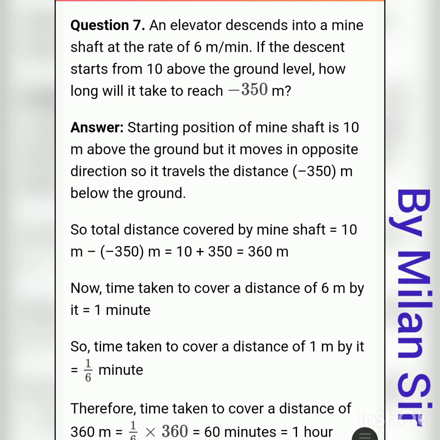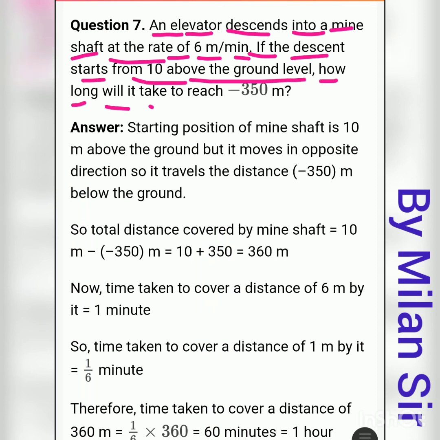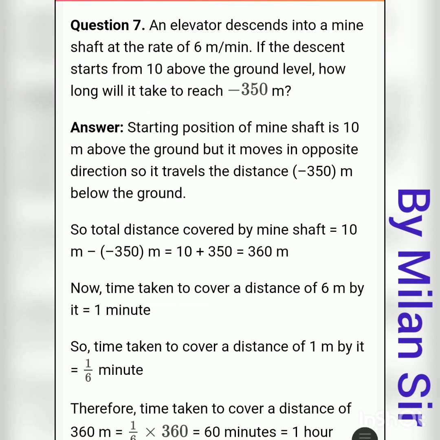After that, question number 7. An elevator descends into a mine shaft at the rate of 6 meter per minute. If the descent starts from 10 meter above the ground level, how long will it take to reach -350 meter? Again, read the question.